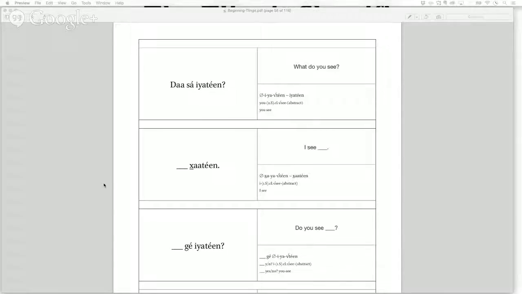Those things are using independent pronouns when you're talking about where a person is. Wedu, he's right there. Hu. Those independent pronouns aren't used very often when we really look at how the Tlingit language functions. They're used to say where somebody's located without using a verb.